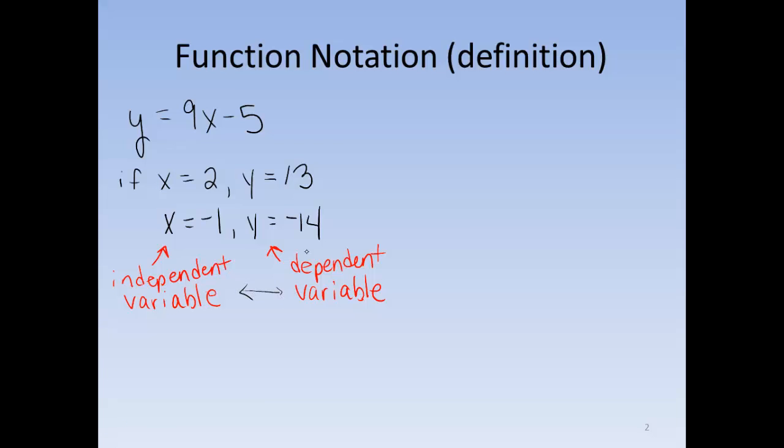a little more clearly. If I take the same problem and write it in function notation, it looks like this: f(x) = 9x minus 5. And we read this as "f of x." The f stands for the name of the function we're talking about, so we're calling this function f.